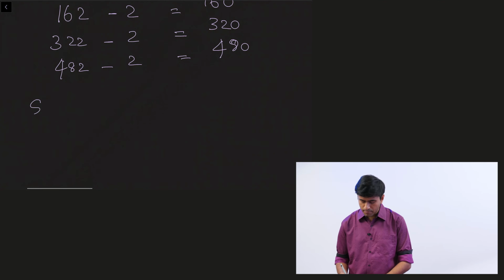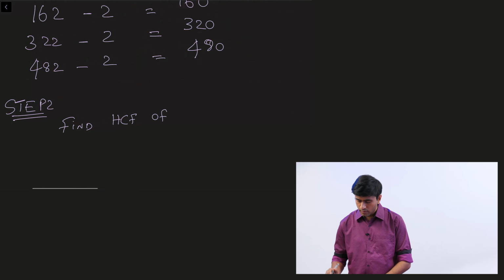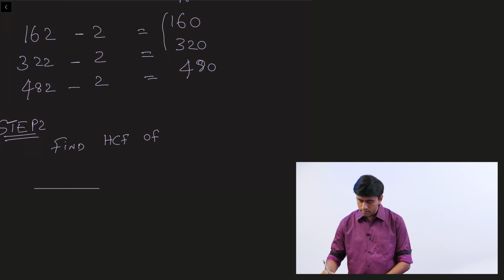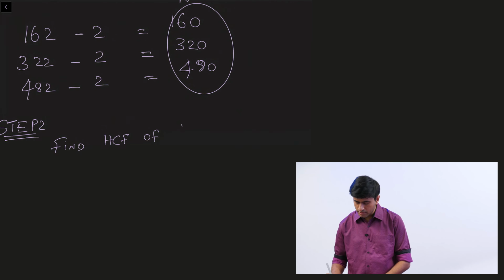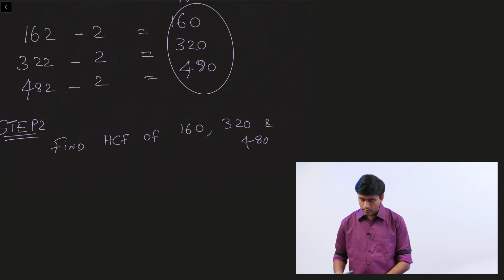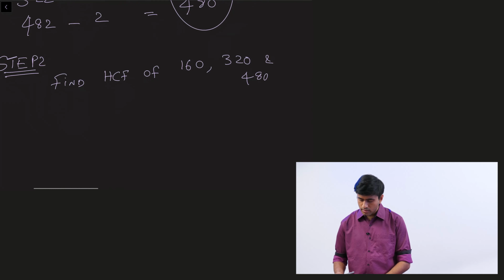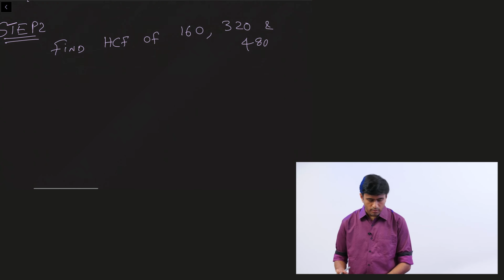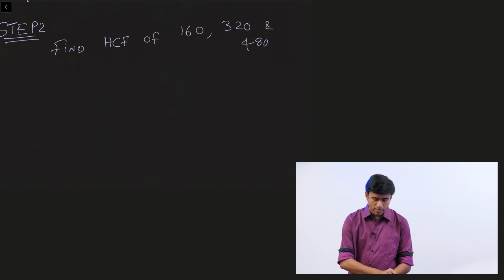The second step is to now find HCF of these three numbers: 160, 320 and 480. Let's do this using the long division method.